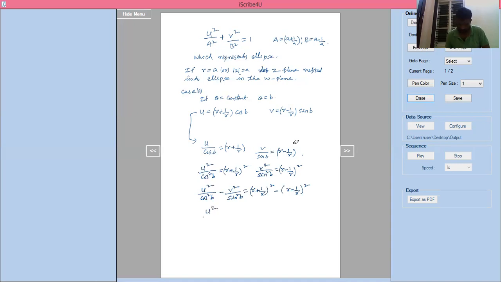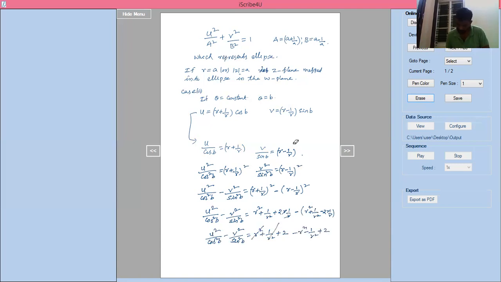This is r square plus 1 by r square plus 2 into r into 1 by r, minus r square plus 1 by r square minus 2 into r into 1 by r. Now the r terms get cancelled, so this is r square plus 1 by r square plus 2, minus r square, minus 1 by r square, plus 2.